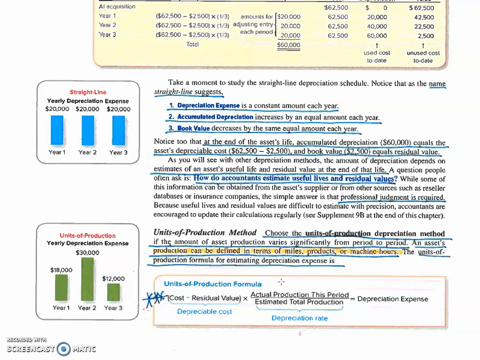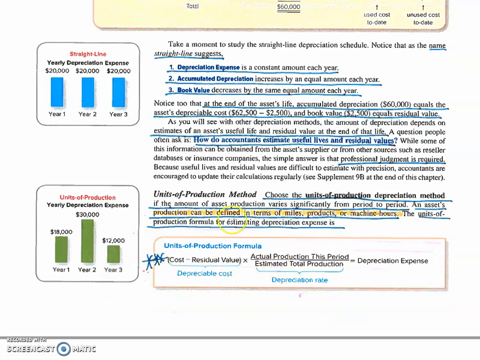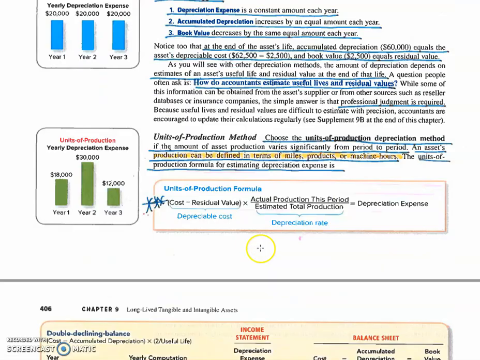It's the landings that actually wear out an airplane. So they used estimated life based on number of landings that the plane made. So that's units of production.